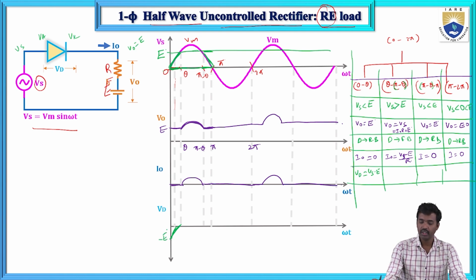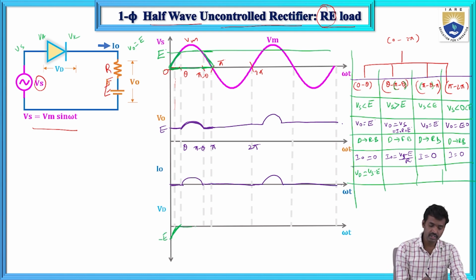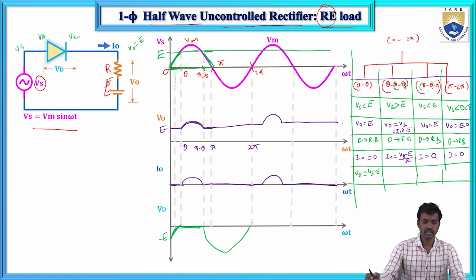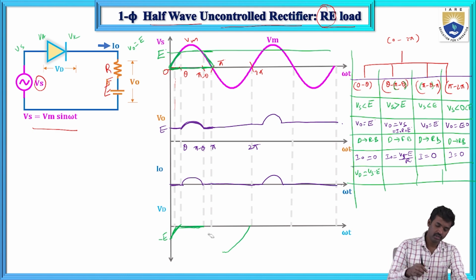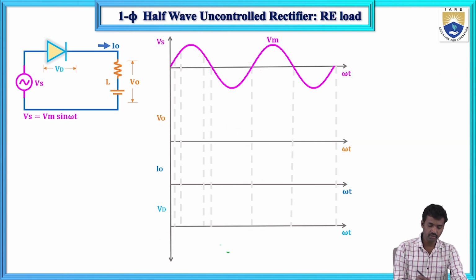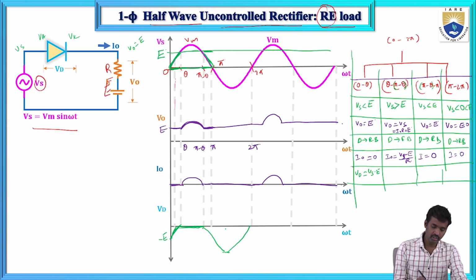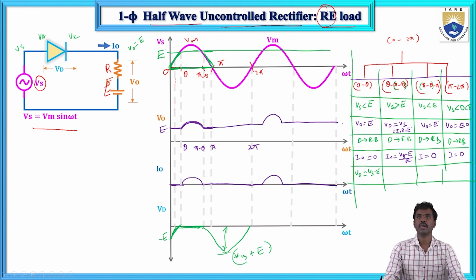And next, this is the case, so Vd is minus E, and it is short circuited. Now here the peak inverse voltage equals, this is negative Vm plus E only.